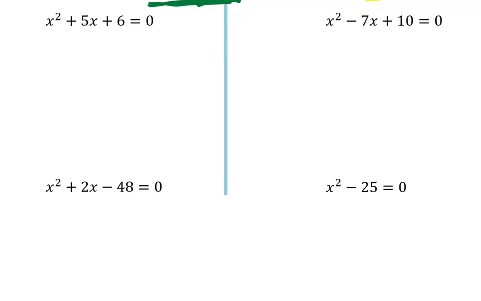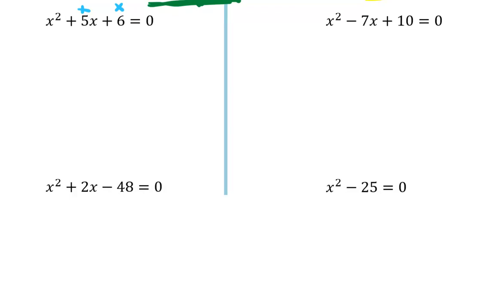How do we factorise this equation, or this algebraic expression here highlighted in yellow? How do we factorise that? So x squared plus 5x plus 6, we want to factorise that. Now you should remember that to factorise this, we need to find two numbers that multiply to make the 6 on the end and add to make that number there in the middle.